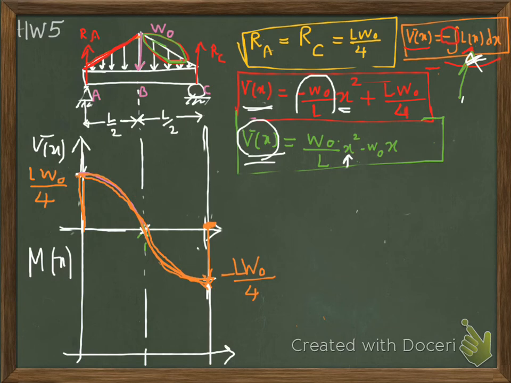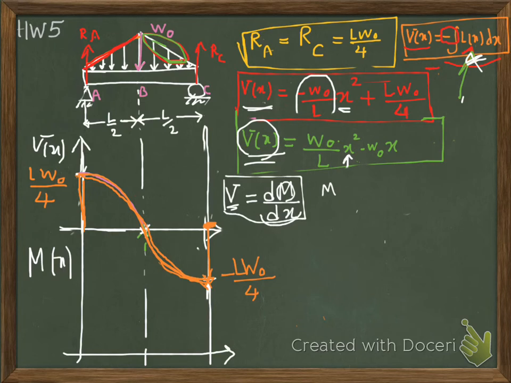Back to white. So what we had is dM over dx, this is the original formula for it, and that's it. V is the differentiation of moment. What it says is V is the slope of the M curve at every single point of x.